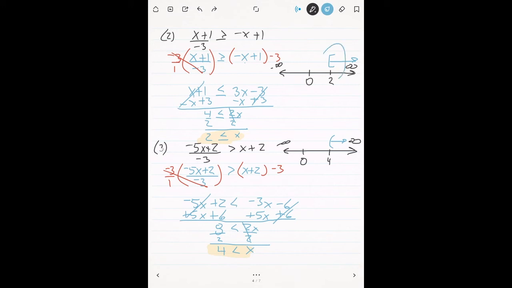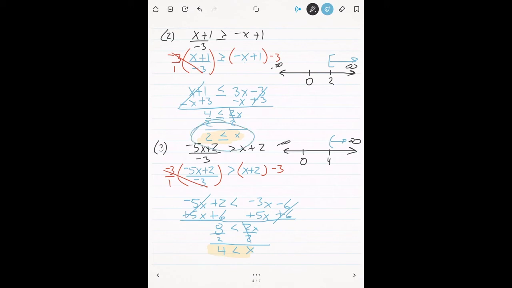So again, difference between bracket and parenthesis. Parenthesis is like an open circle. Bracket is like a shaded in closed circle. Now, let's talk about how we decided to graph everything greater than. Here's a little tip for when working with inequalities, okay?